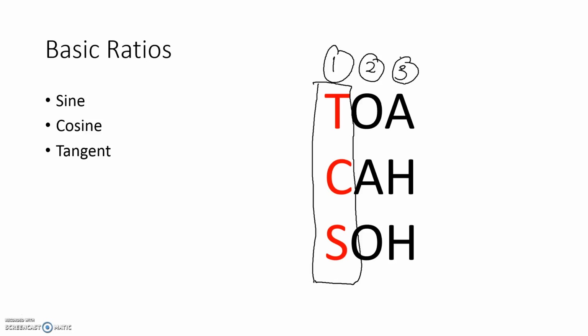The second letter will be the numerator of the ratio, and the third letter will be the denominator of the ratio. So if we take T for tangent, tangent theta, which is tua, it's O over A.